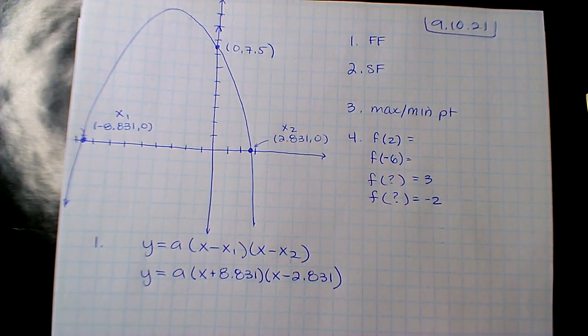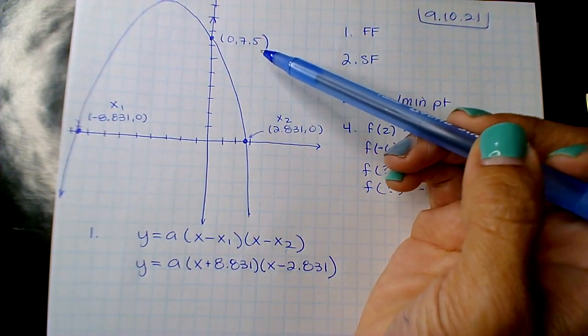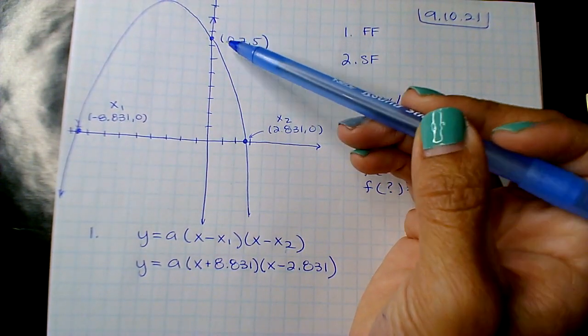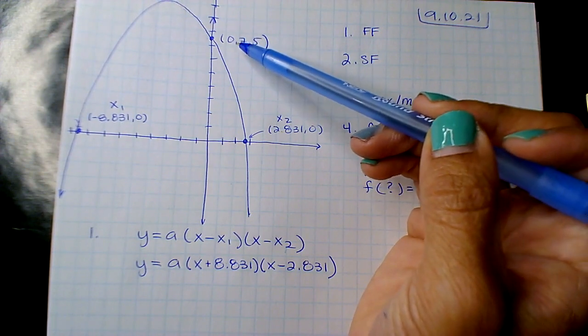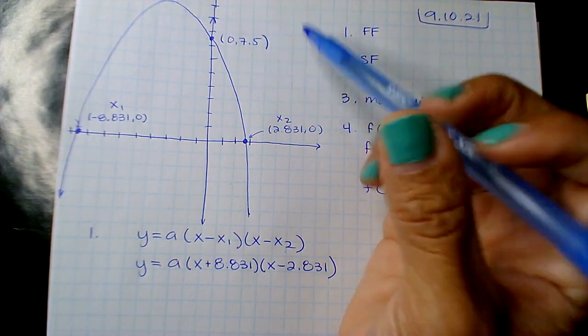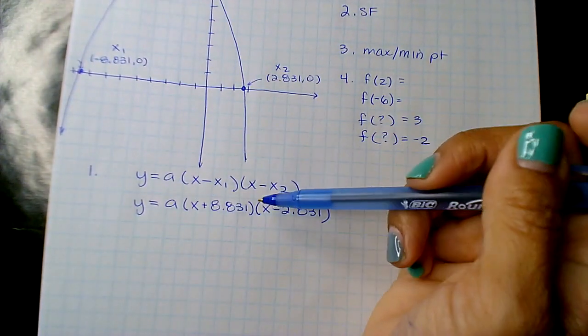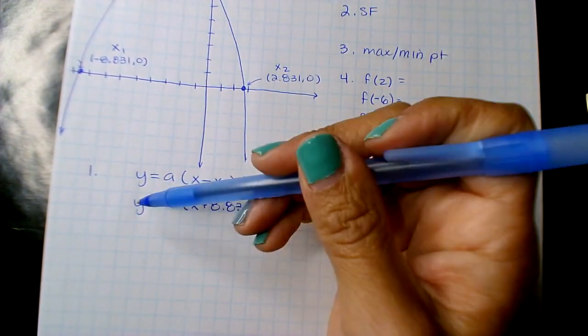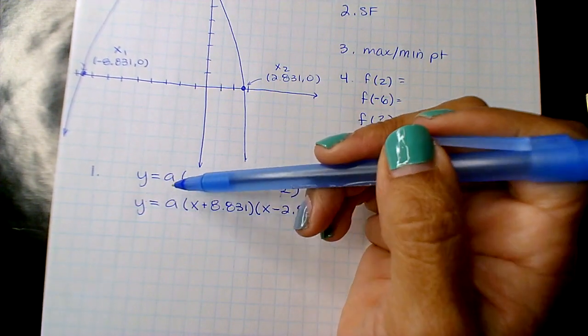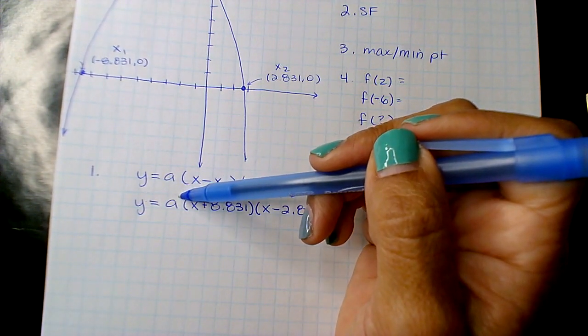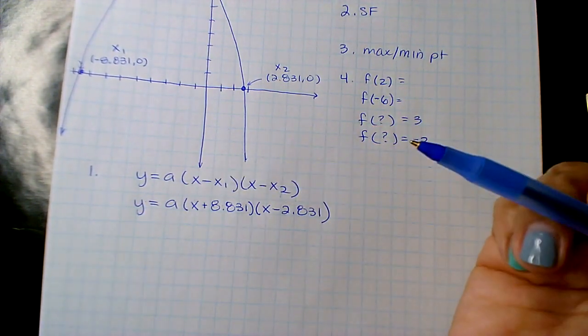So far, so good? Okay, now, this y-intercept that they're giving you here, it's another point. It's x and y. So if you let this be x, if you let this be y, substitute x, 0, substitute y, 7.5, you can now isolate and solve for the a value.